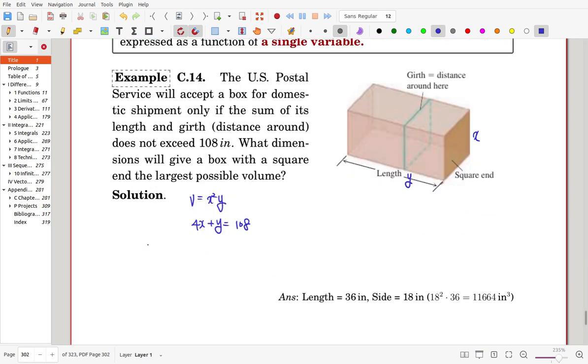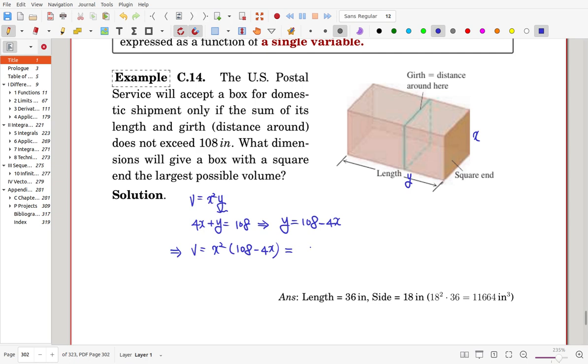Now, you have to express the quantity to be optimized as a function of 1 variable. The easiest way is that y can be replaced by using this equation. From this one, y is the same as 108 minus 4x, so that V can be written as x squared times 108 minus 4x.